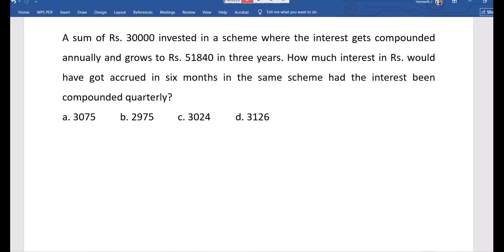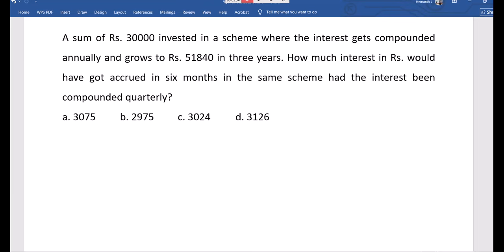I think you can handle this one easily. $30,000 becomes 51,840 in 3 years, compounded annually. But now the question is, how much interest will you get for 6 months if you compound quarterly for the same one?